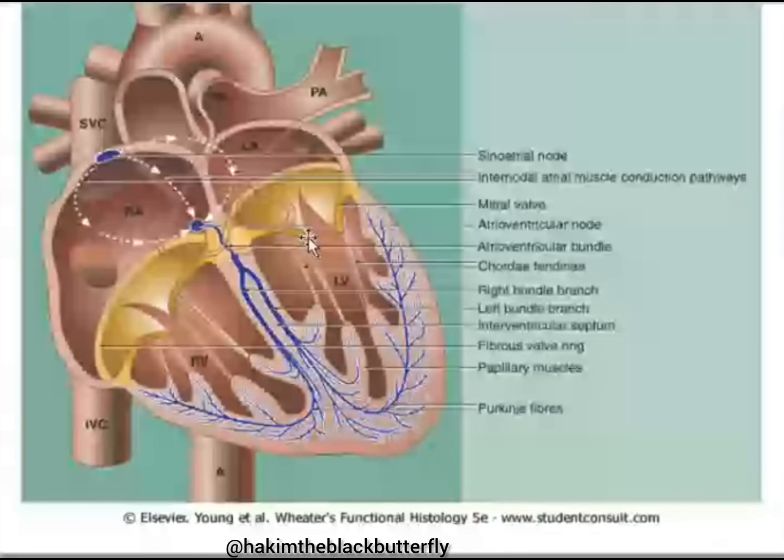And that's how impulses are traversed throughout the heart, through this specialized cardiac muscle tissue: sinoatrial node, atrioventricular node, atrioventricular bundle, right and left branches, which arborize into small and fine Purkinje fibers.